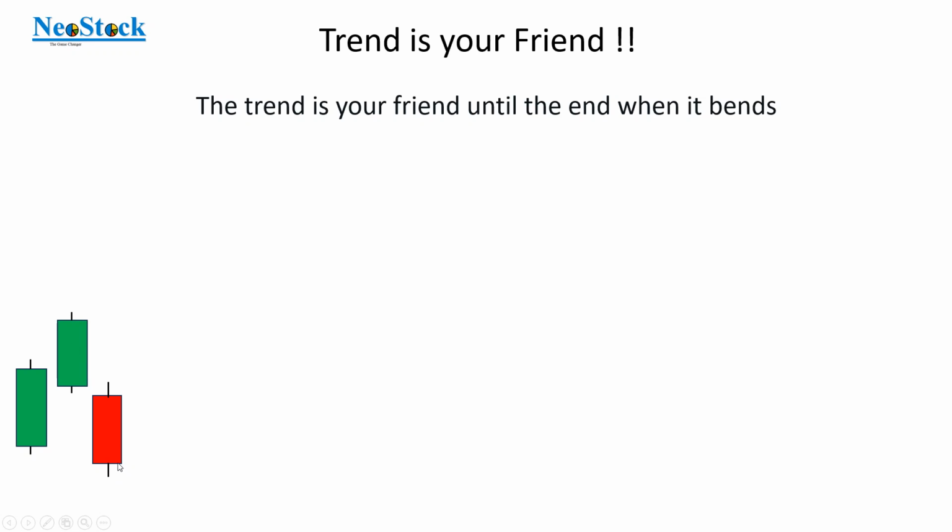Or similarly from the down direction, a significant up move should be there. Then only you can consider this a swing low. I repeat again, to consider a swing high, from the high point there should be a significant down move. If that significant down move is not there, you cannot consider that the end of the swing.